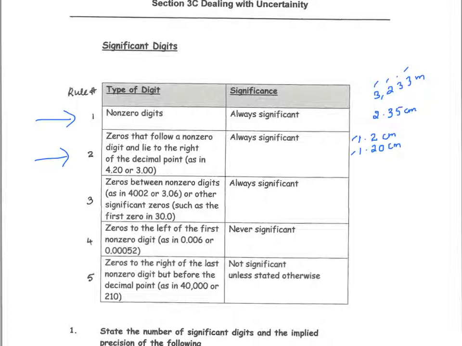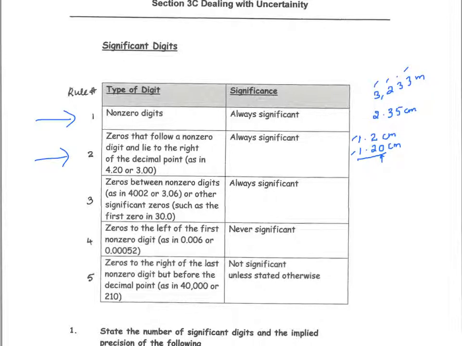What exactly is the difference between these two? They mean the same thing mathematically speaking. They have the same value, but the number of significant digits in the second measurement, which is 1.20, is 3. There is a reason why we have a 0 here. It just tells me that this measurement is precise up to the second decimal place.